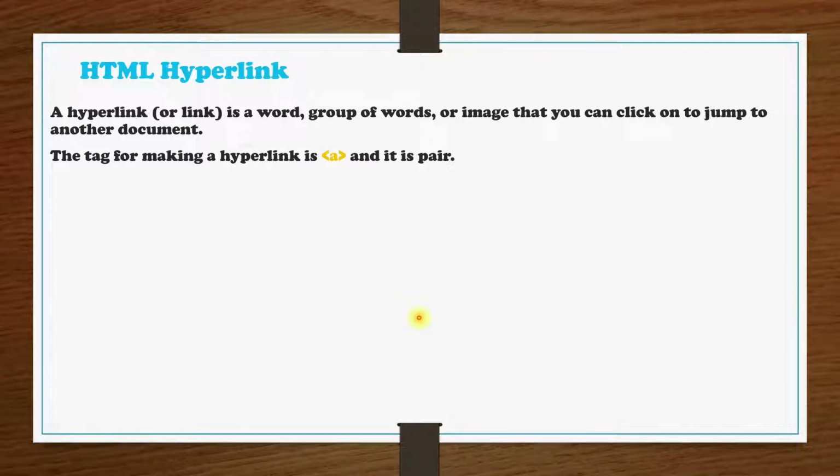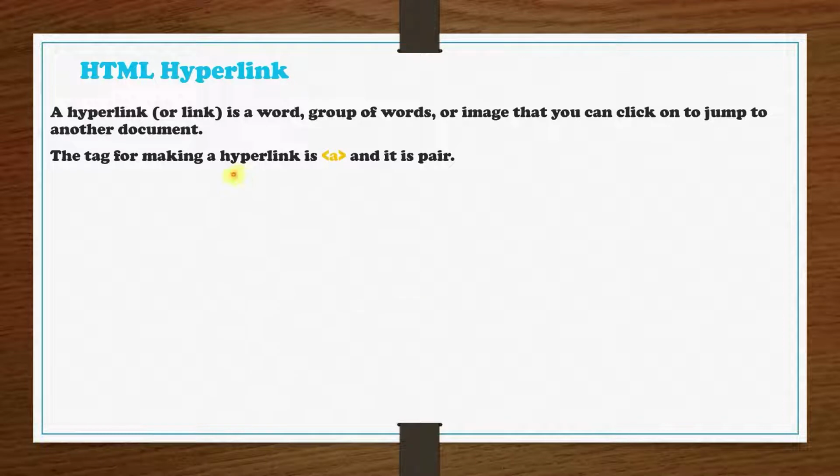Look, a hyperlink is a text or a group of words, or even it can be an image that when you click on that, it takes you to another document, or it takes you to another place.